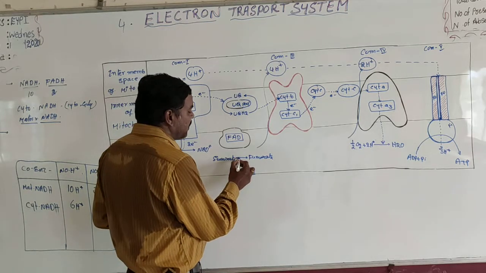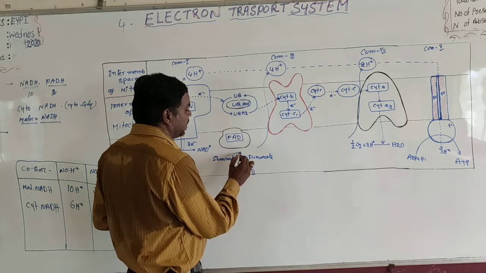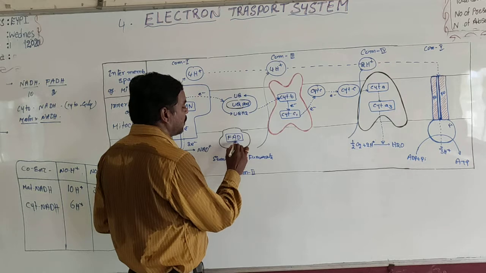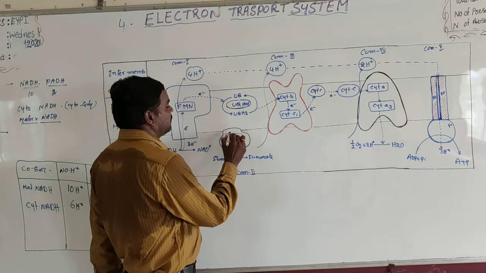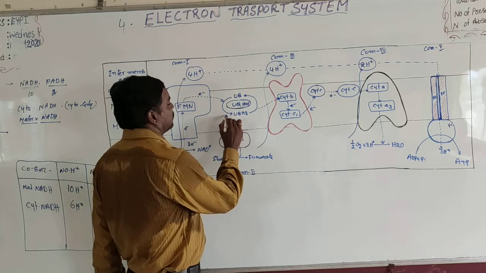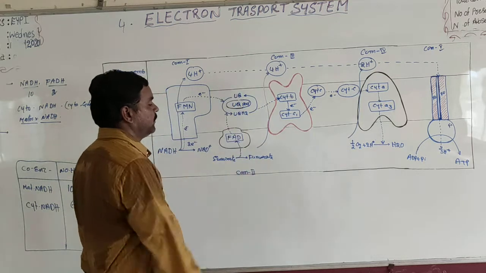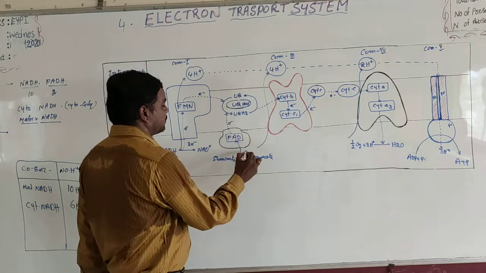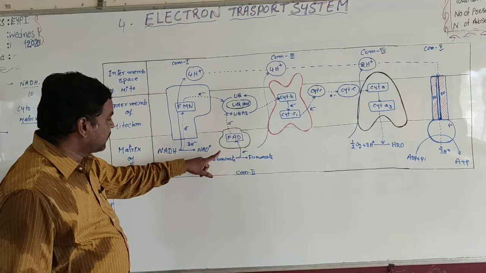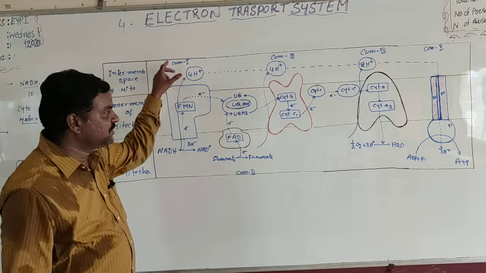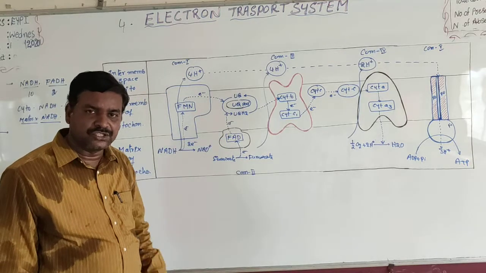In the oxidation of FADH2, the electrons are transferred to complex 2. Then these electrons are transferred to ubiquinone. These are the electrons of FADH2. Here also these electrons do not move into complex 1, just like cytosolic NADH2.